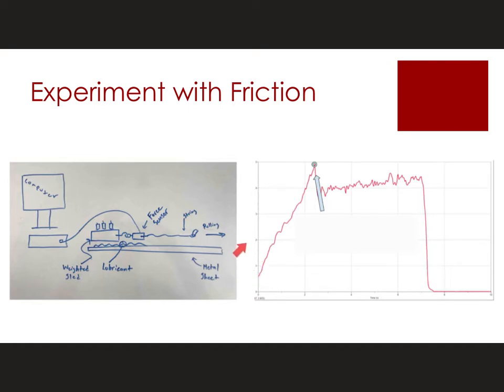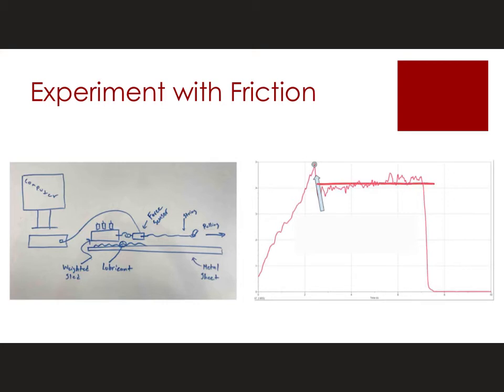Notice my force is getting larger and larger. And as my force gets larger, I'm going to have an equally great force due to friction because my block isn't moving. But all of a sudden, once I get up here, it drops down. Now, this doesn't look perfectly straight, but it's a real life example here.